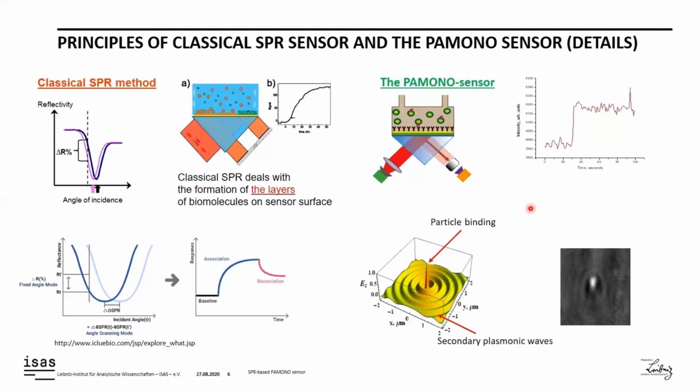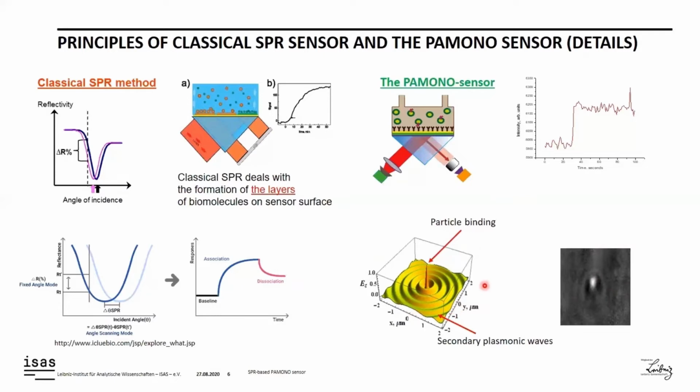And why we say that we detect a binding event, not see the particle by itself, and why we can say that this picture is the image of a binding event, is because of the explanation provided over here.